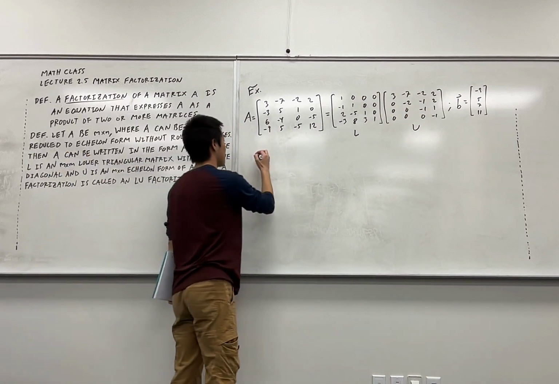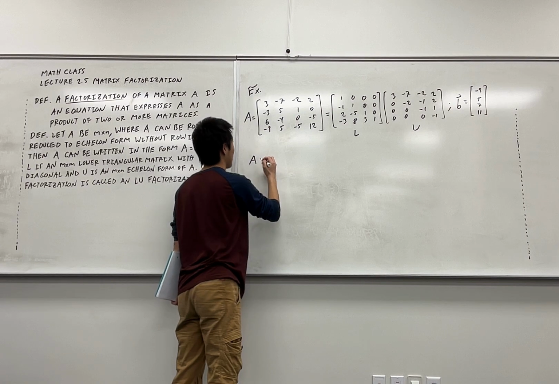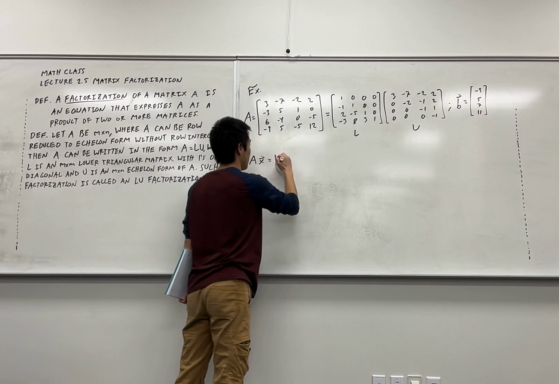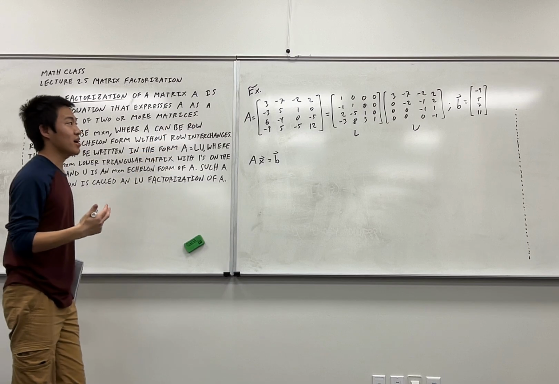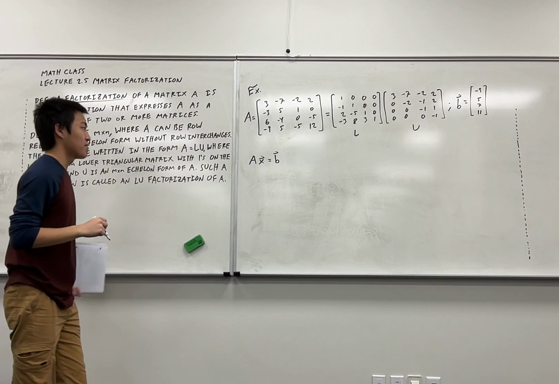So here's where the factorization is going to come in handy. Suppose we were trying to solve the equation Ax equals b. I'm trying to figure out which vector x is the solution to this equation.